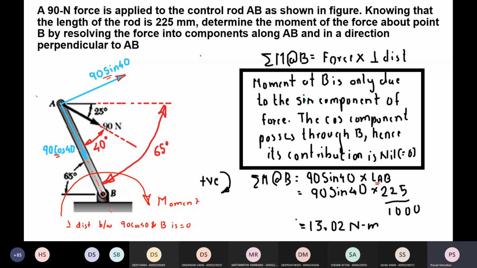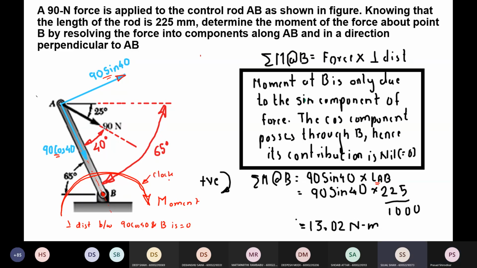No. Right hand thumb rule is a different thing, that is not required actually. Here you have to just see in which direction the force tends to rotate the body about the axis. Here B is the axis of rotation, and this applied force will tend to rotate this body in the direction of the arrow which I have marked, and this arrow is in the clockwise direction. So this is clockwise.